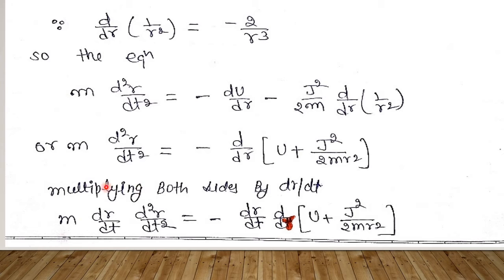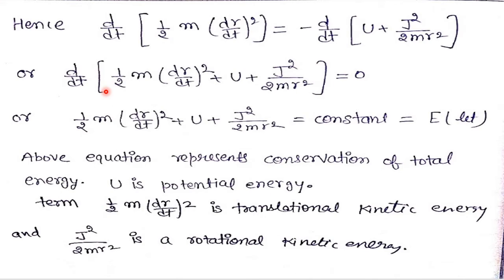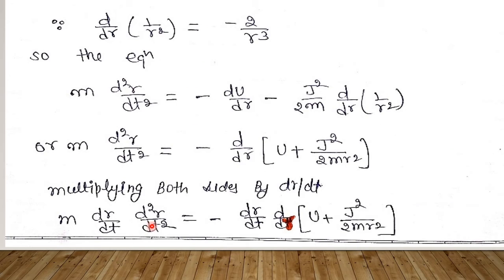Now further we can solve both these terms. Since dr/dt times d/dr gives d/dt, we can write the LHS as d/dt of half m (dr/dt) whole square.